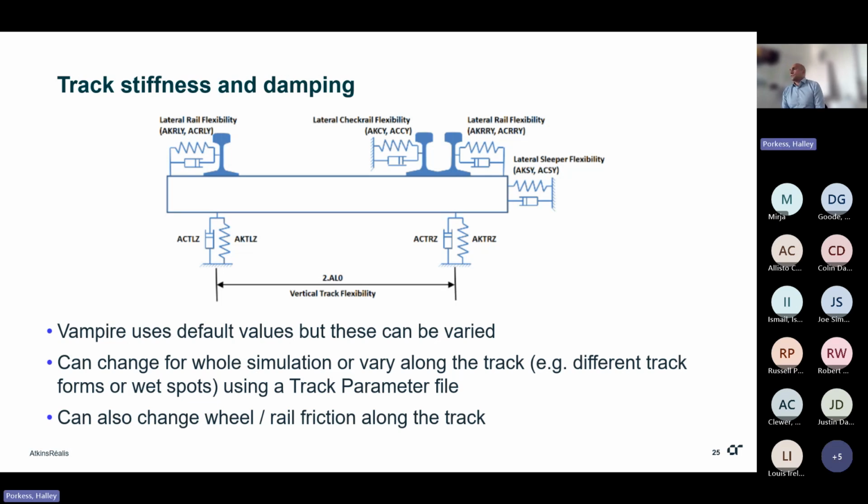We've got default values, but these can be varied. So you can change them for a whole simulation or for just a specific part of the track. So if you're modelling a wet spot, for example, you could quite easily model that by changing the track parameters. And it also allows us to change the wheel-rail friction as you go along the track.